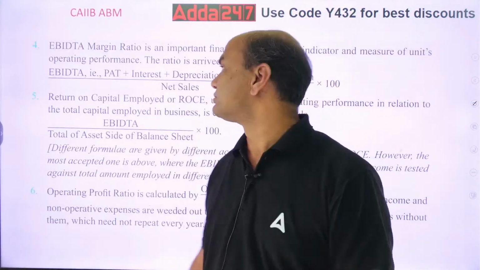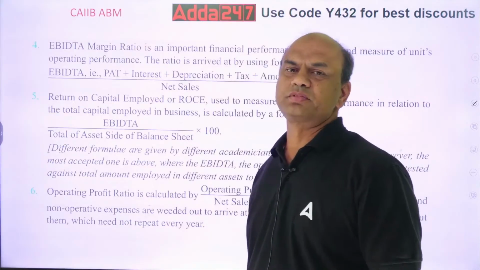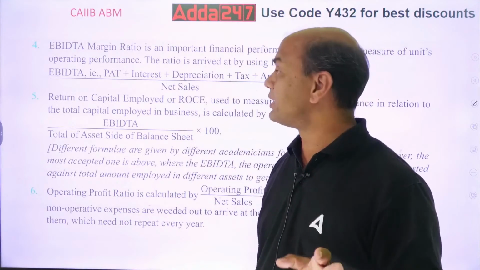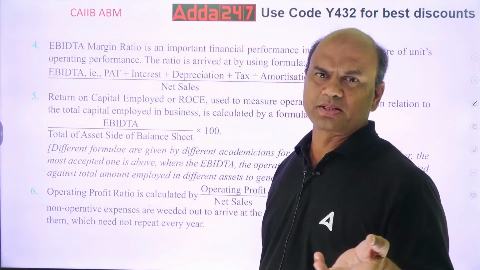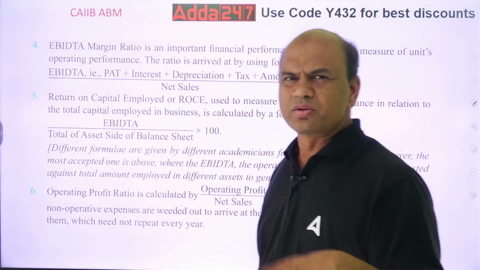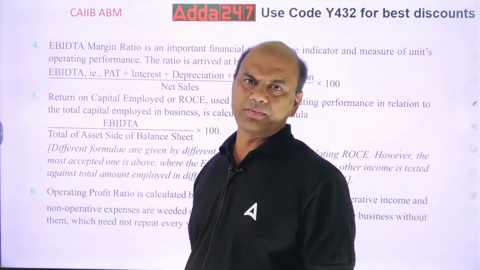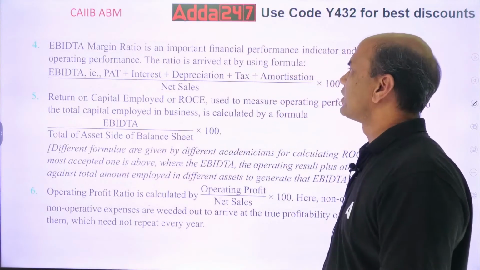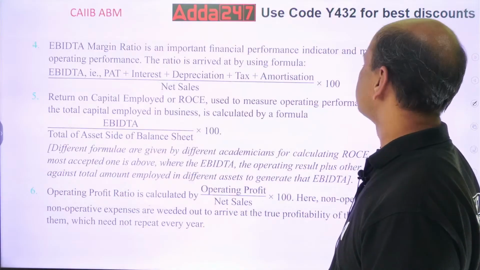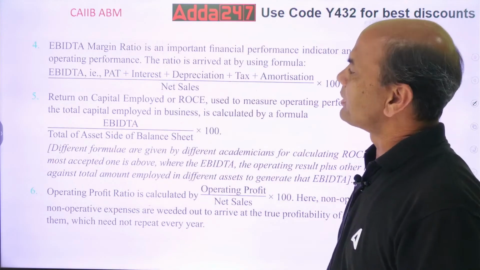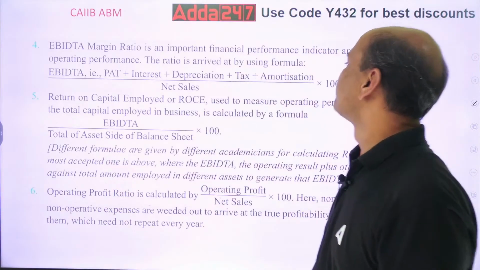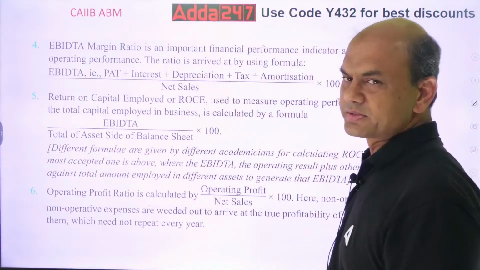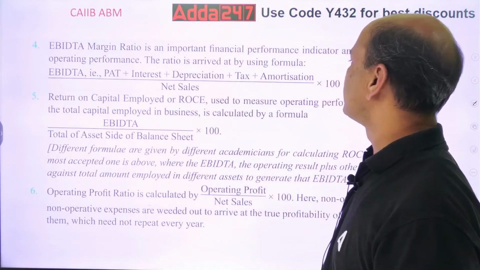Next, EBITDA. Just now I told you EBITDA, earnings before interest, taxation, depreciation and amortization. You call it anything, EBITDA. EBITDA margin is an important financial performance indicator and a measure of the unit's operating performance. The ratio is arrived at by the formula.